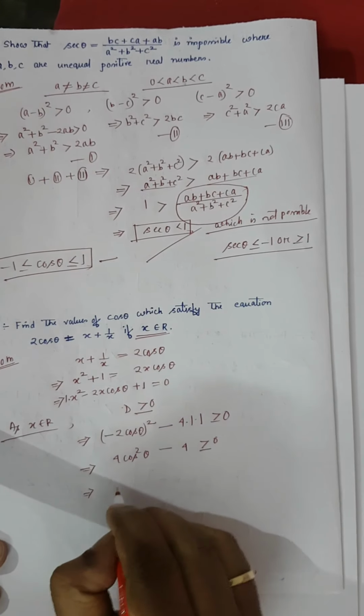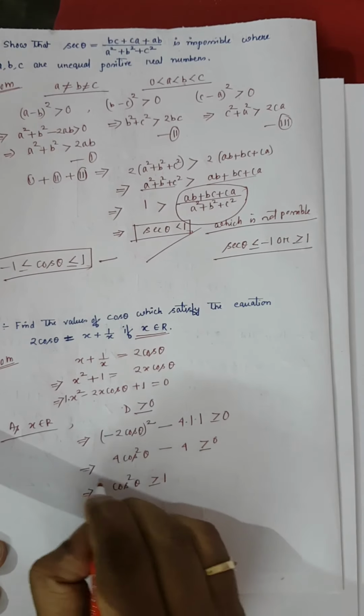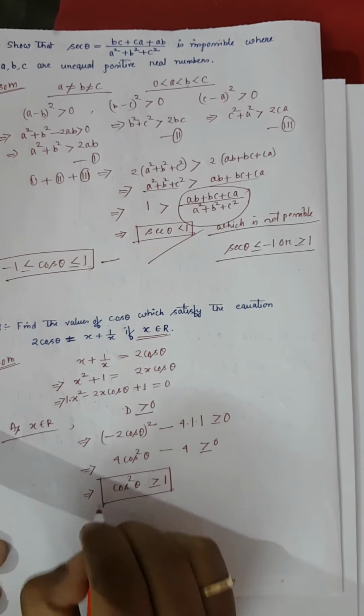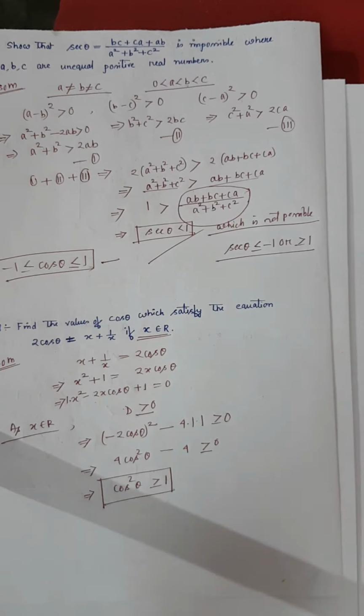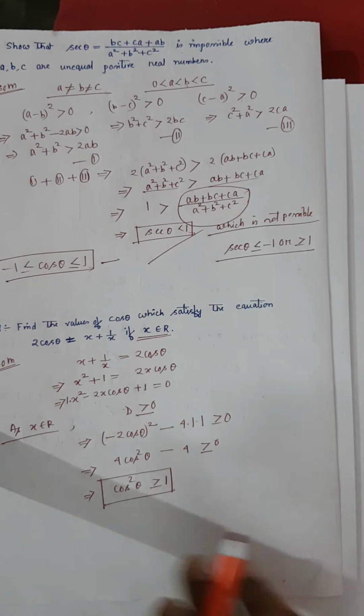Hence cos square theta is greater than or equal to 1. See, the value of cos square theta will lie between 0 and 1. Maximum it is 1, but it cannot be greater than 1, so it cannot exceed 1.